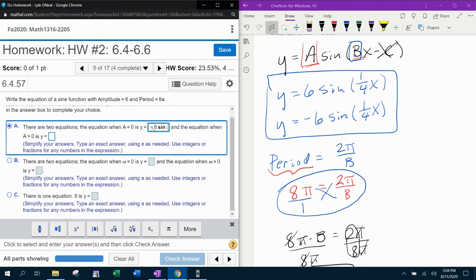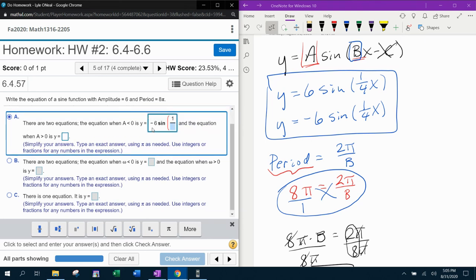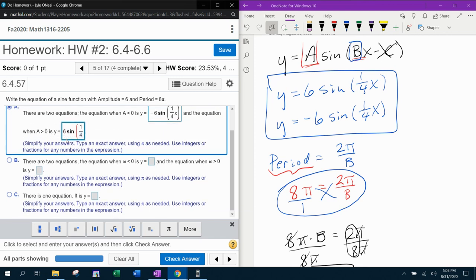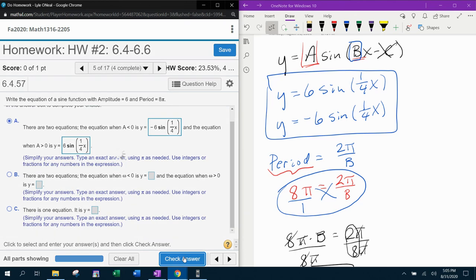I'm going to use parentheses anyway. 1/4 x, and close parentheses. And then when a is greater than 0, that's the one where a is positive. It's going to be y equals positive 6 sine parentheses 1 over 4 x. And we're going to check, fingers crossed.